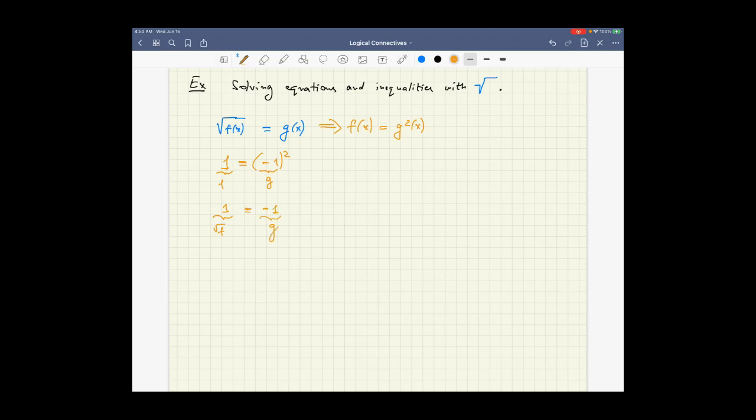This certainly is false. Right? So this implies this, but not vice versa. So you can't just raise both sides to the second power and claim that this equation will be equivalent. Right? You might get some extraneous solutions.